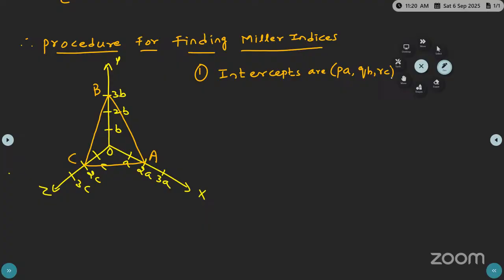Once I'm repeating, express the intercepts, in some bracket, as multiples of unit cell dimensions.